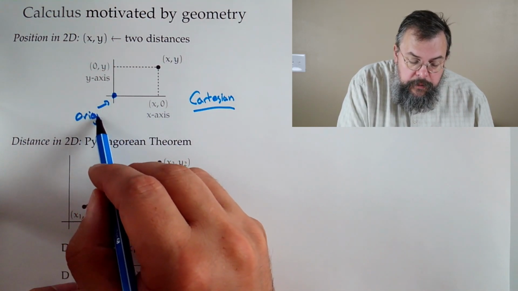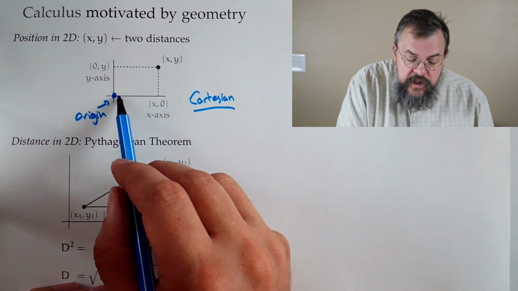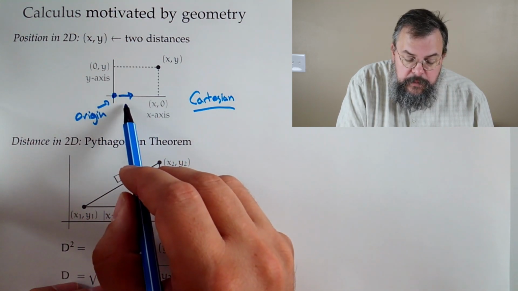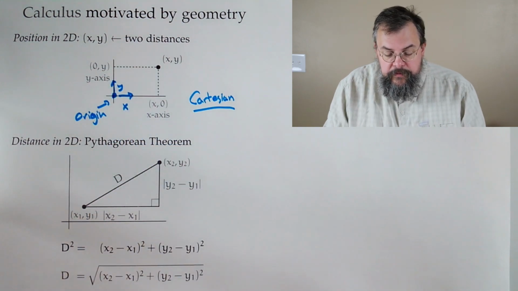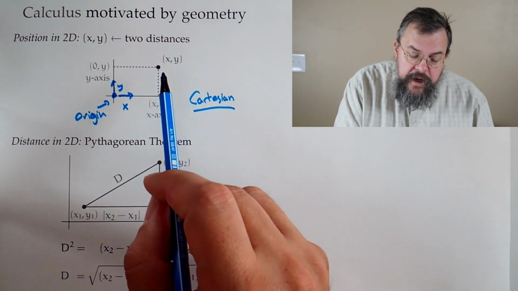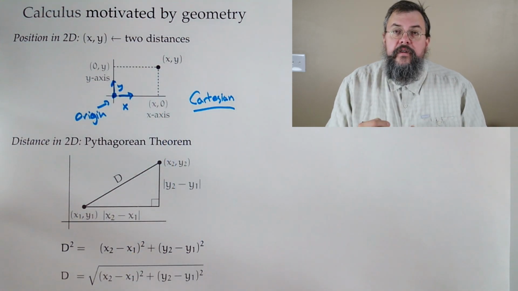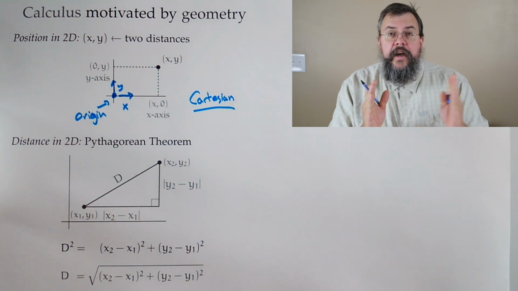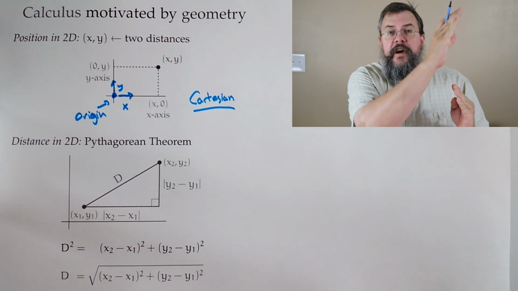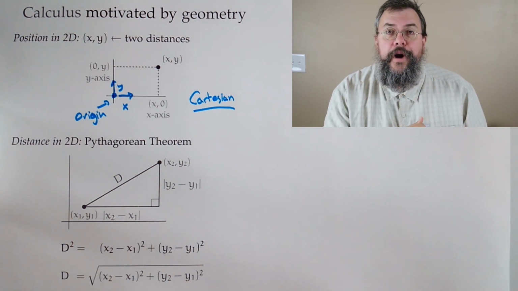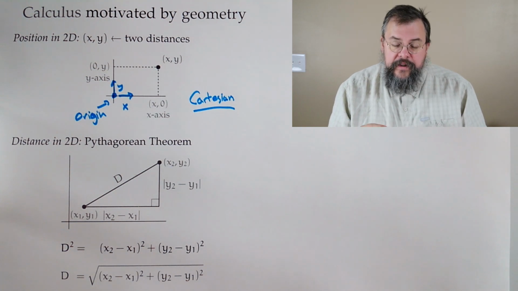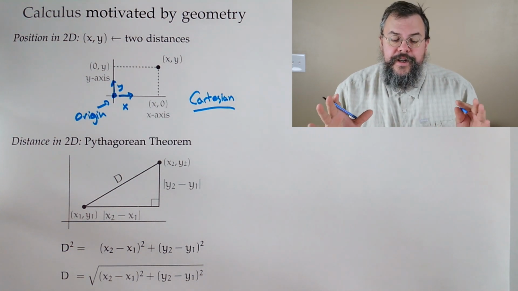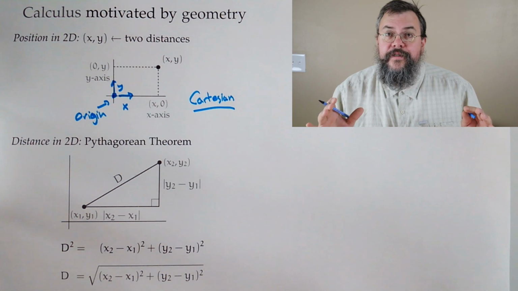And then we have two directions: the direction we call the x direction, and another called the y. So when we talk about a pair, x comma y, it says, how much did you move in that x direction? How much did you move in that y direction? Now I know where I'm at. So that's our location.